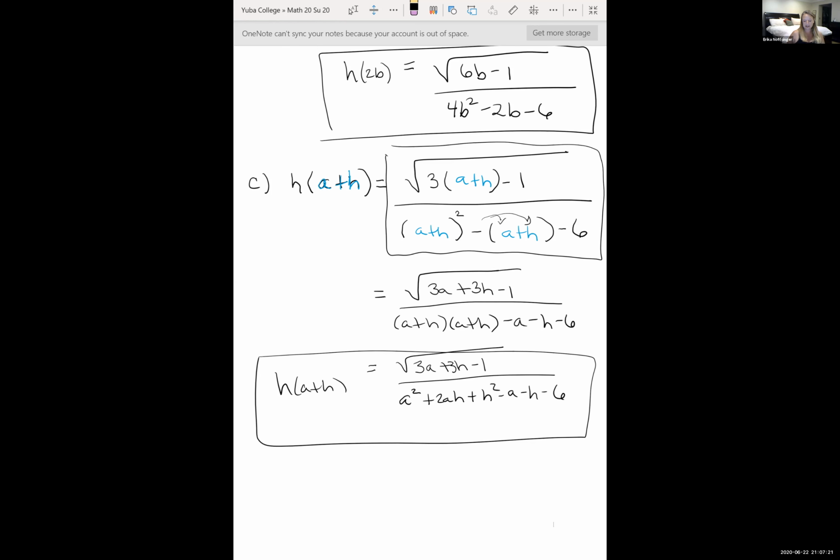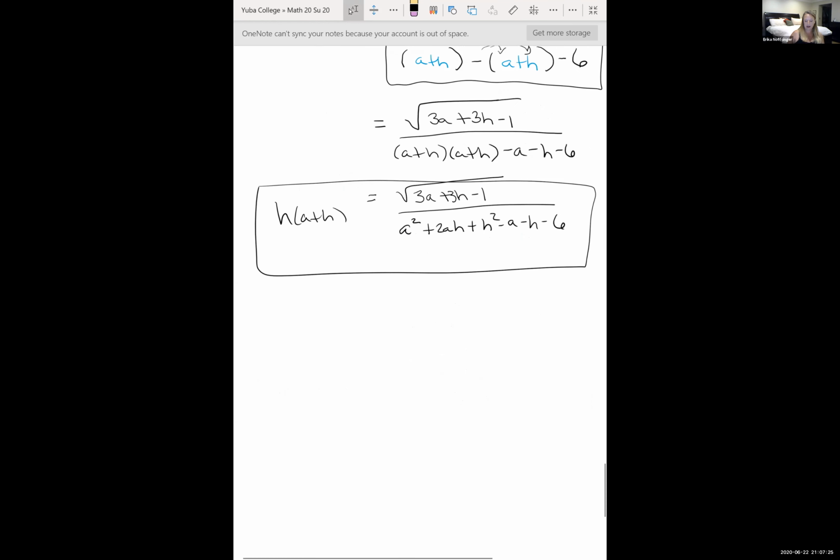Okay, so that brings us to a huge thing that you guys are going to be doing a lot once you get into calculus, which is called the difference quotient. A little later this week, we'll talk about the difference quotient because we're going to go back and talk about rates of change, which are basically kind of like slopes, the change in your y value over the change in your x value.